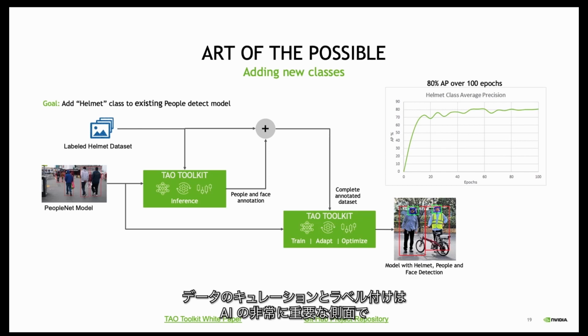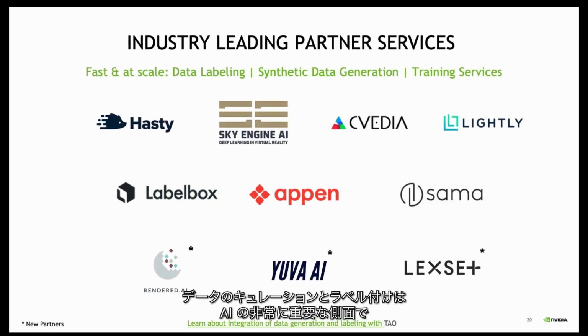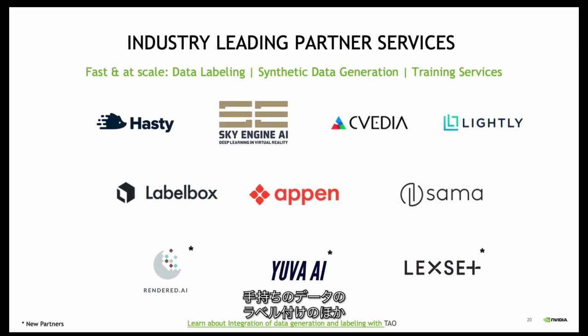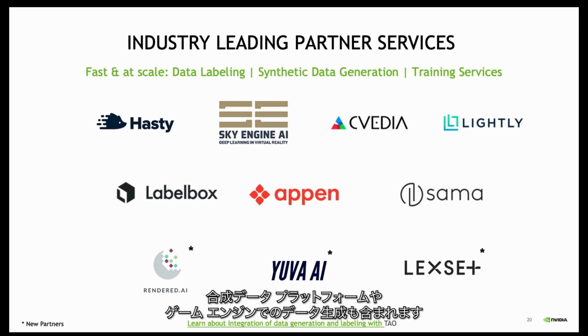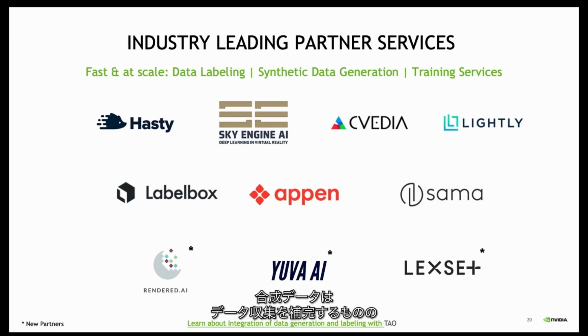Data curation and labeling are very important aspects of any AI. This could be labeling on the data that you have, as well as generating new data using synthetic data platforms and game engines. Synthetic data can help fill in the gap where data collection and labeling is difficult and expensive.